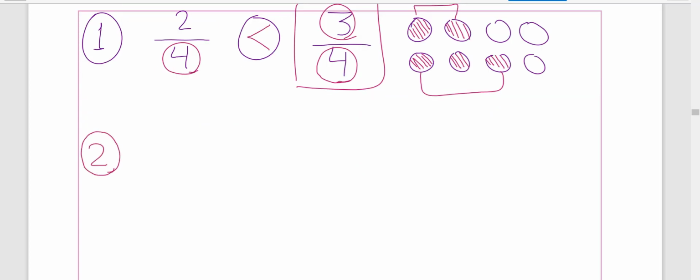Number 2, we choose any two fractions with the same numerator, 2/7 and 2/5. Okay? Draw two models like this.